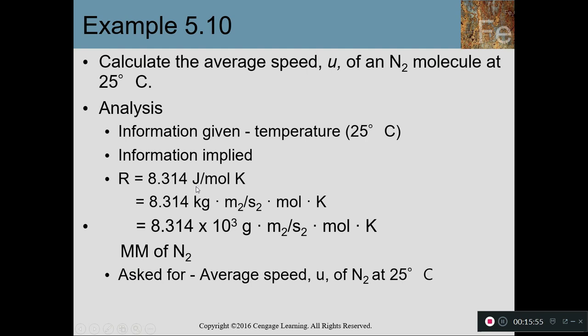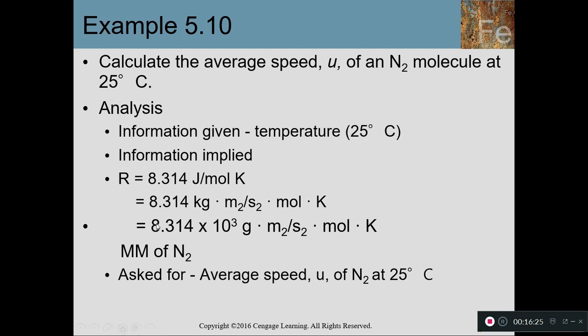But depending on whether or not you remember this from conceptual physics, a joule is a kilogram times meter squared over second squared, which means we're going to have the unit of the kilogram as our mass unit. We know our molar mass is going to be in the units of grams per mole, so we need to make sure our R is in the units of grams per mole. So the grams is where we get the times 1,000 to our value.